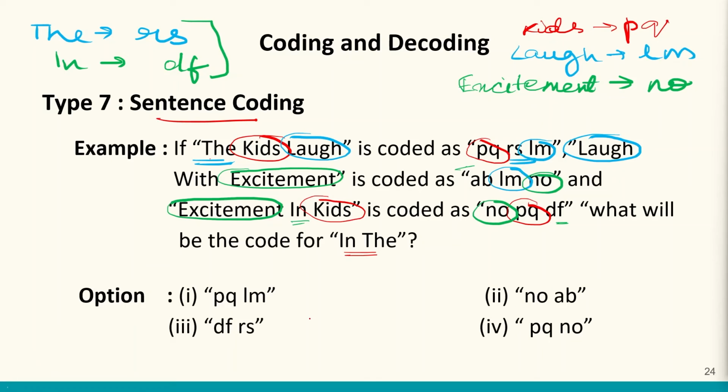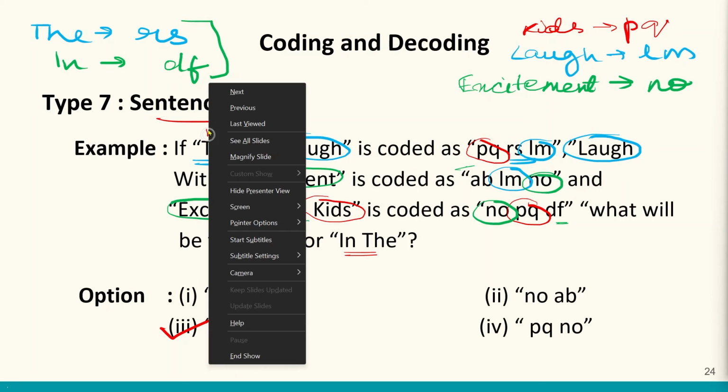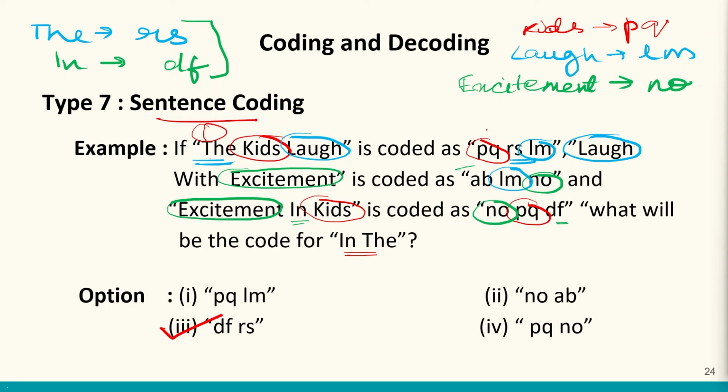Do we have an option with RS and DF? Yes, option number 3. In this particular question, the codes were jumbled up. The was coded as RS, which is in the first place over here, but over here RS is in the second place. Like in the previous symbol coding question, where the code was written in the same order as the words, here that is not the case.